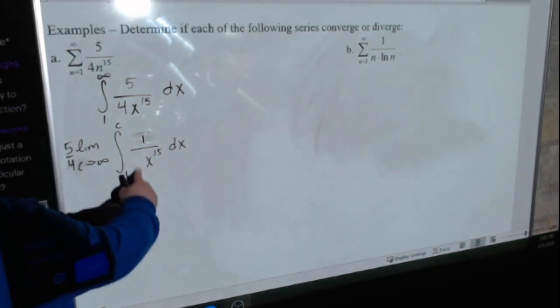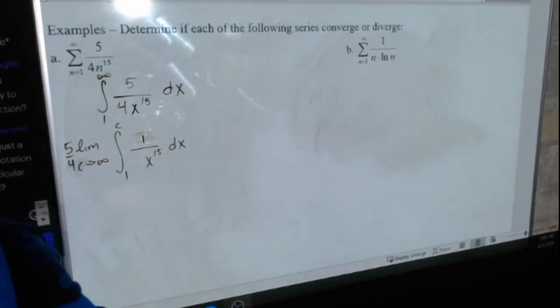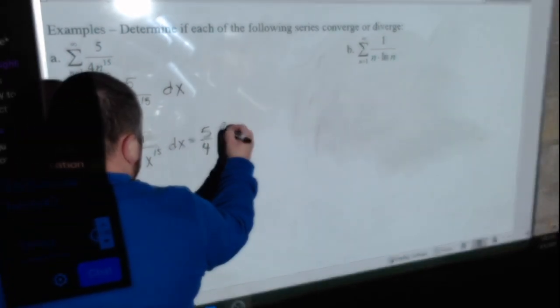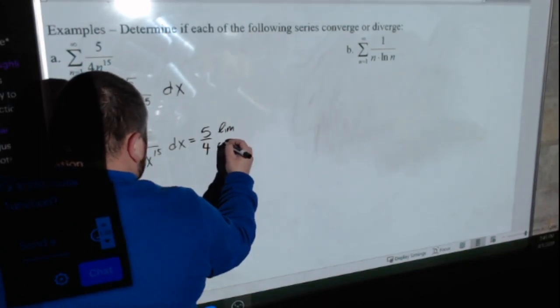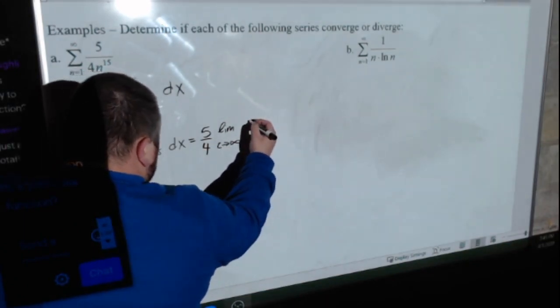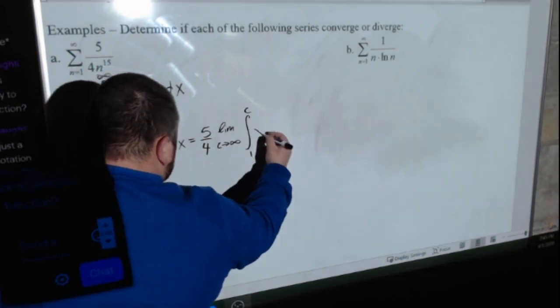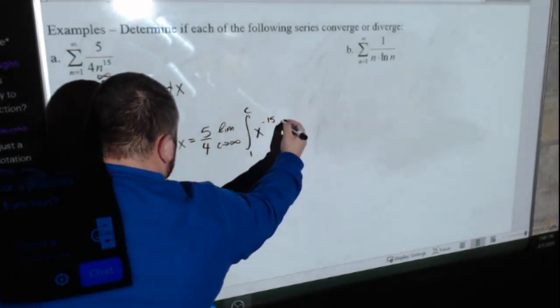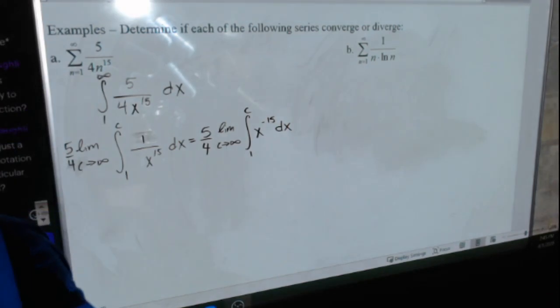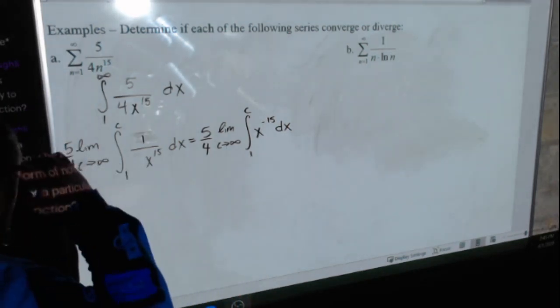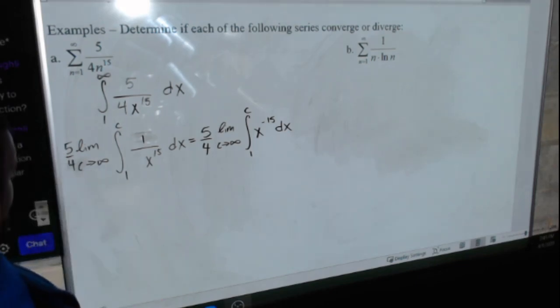So how do we integrate x to the 15? Well, we just rewrite it. And then it might be more familiar. So to integrate that function, we add 1 to the power and divide by that number.